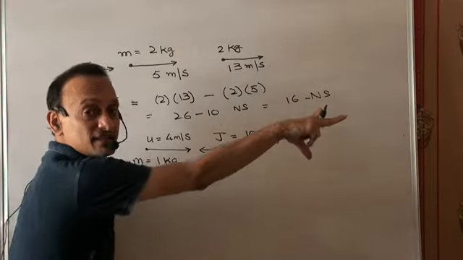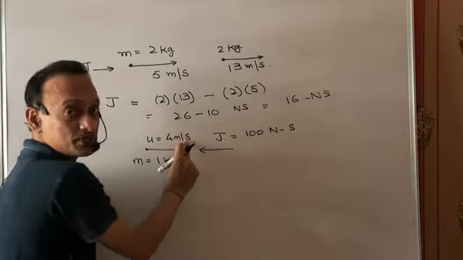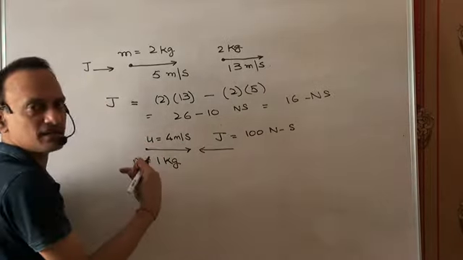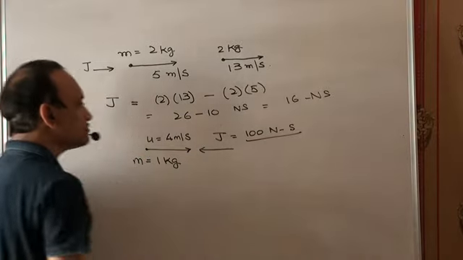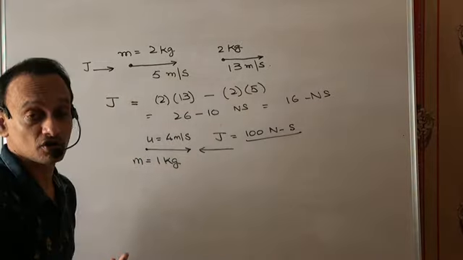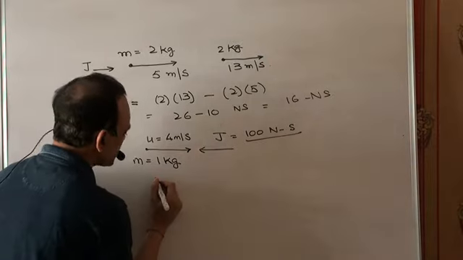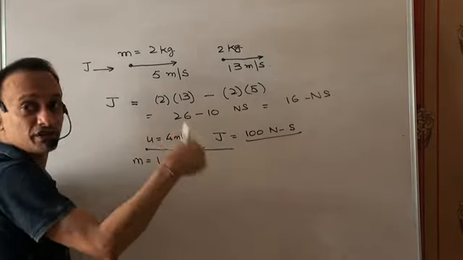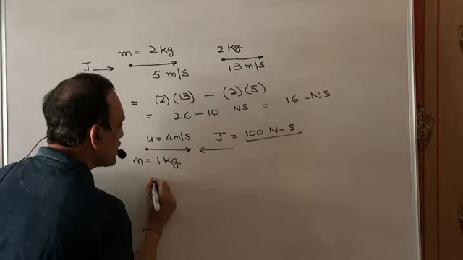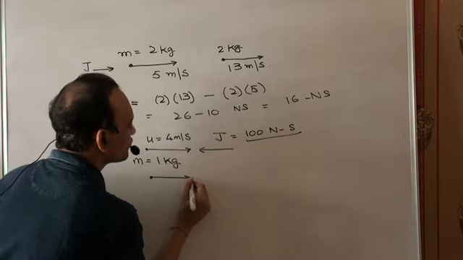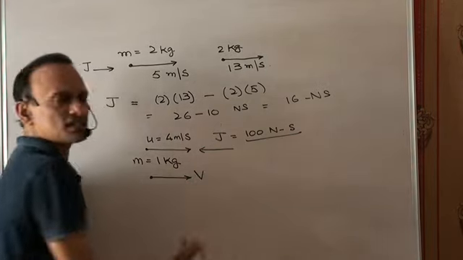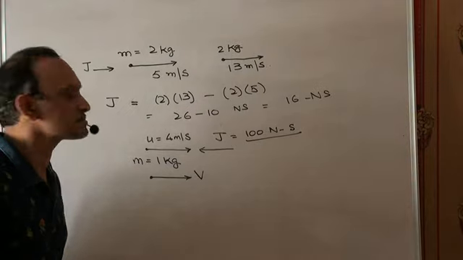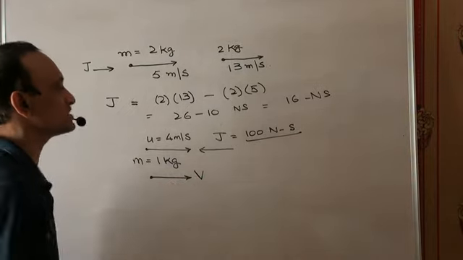I do not know the direction in which the particle would move, but suppose I assume that the final velocity just after the impulse is released is v.